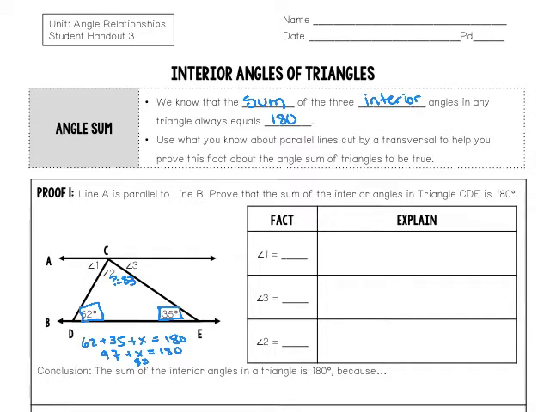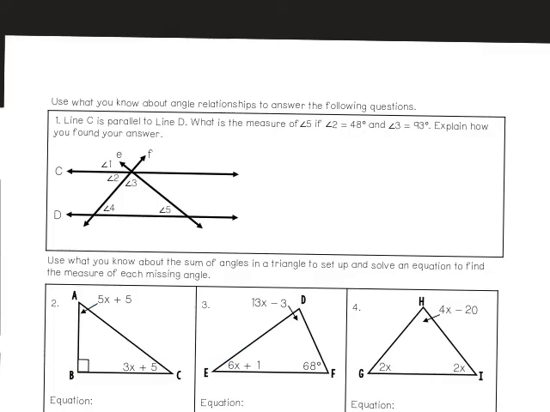Okay, but lines C and D are parallel, so guess what we have? E is a transversal, F's a transversal. So what is the measure of angle 5 if angle 2 and 3 are known?